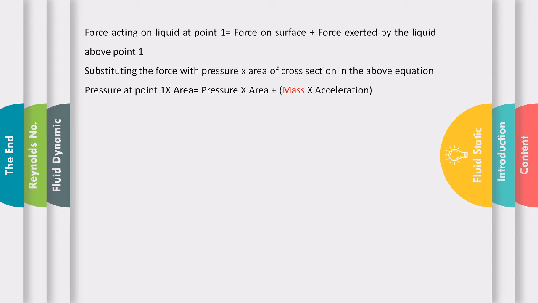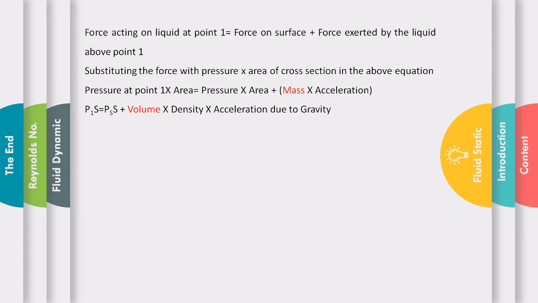We have written mass because the water layer above point 1 has some density. Now again modifying the equation, P1S equal to PsS plus volume into density into acceleration due to gravity. As we know, mass is equal to volume into density, so we have replaced it.